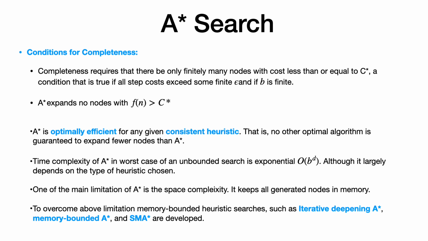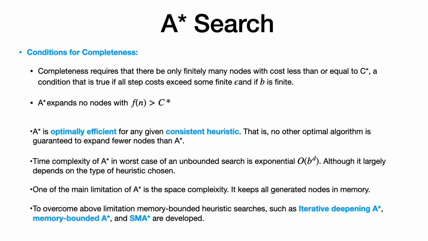If it is satisfied, then we can say it is complete, which means we are definitely going to have the solution for the goal node, and we don't expand the nodes which have f of n greater than C star. If you remember, C star is the total cost which we calculated in the uniform cost search.